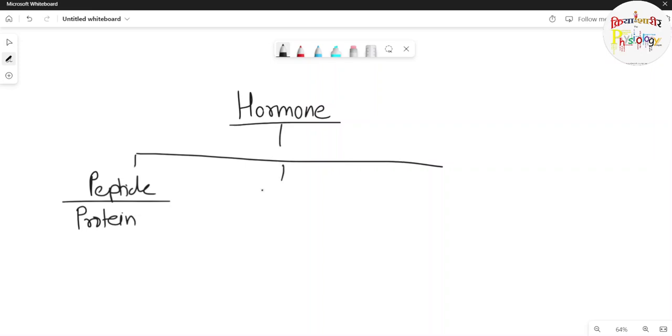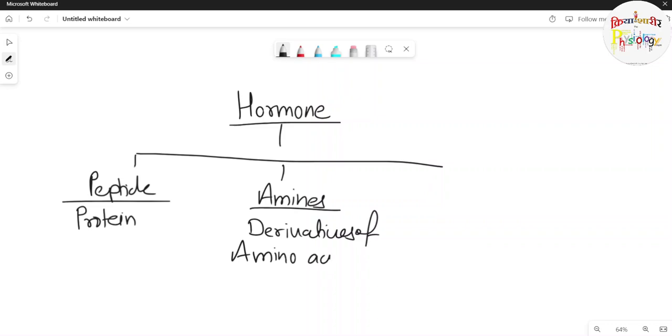Second one is amines or derivatives of amino acids. And third one is steroidal hormone or steroid. We are going to see a brief introduction one by one.